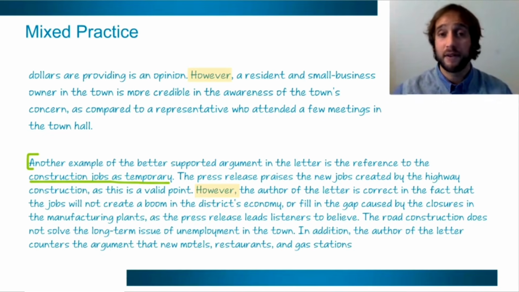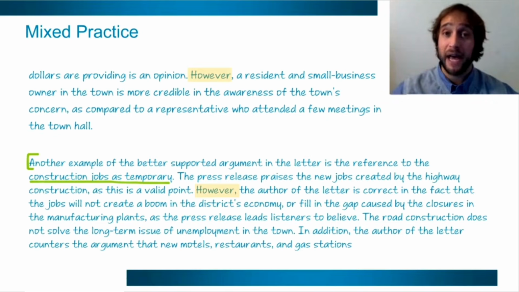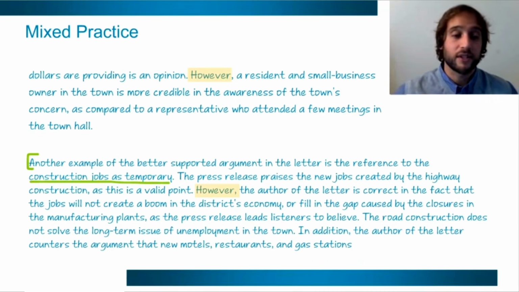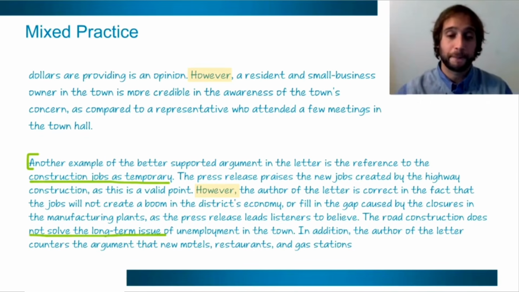So this is a nice use of evidence that we're supporting not only how it works within this passage, but also pointing out how it undermines the counterclaims made in the previous passage. The road construction does not solve the long-term issue of unemployment, which of course would definitely not support the town and could potentially harm it.